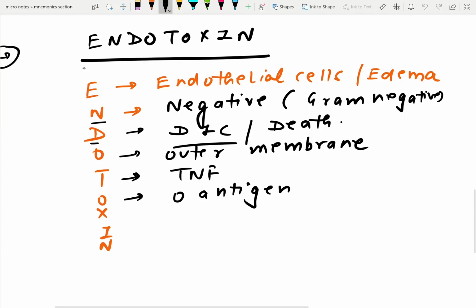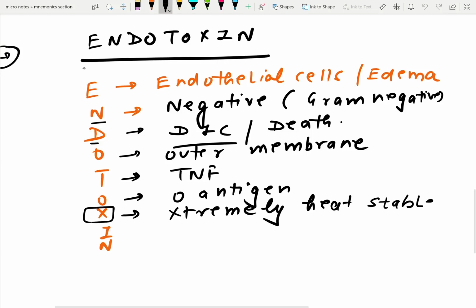Okay, and X, you can remember, extremely heat stable. This particular one is extremely heat stable. Fine. And this I is what? That is interleukin 1.